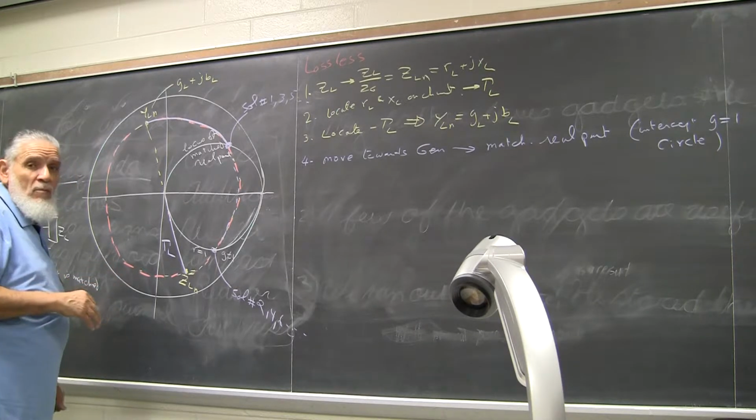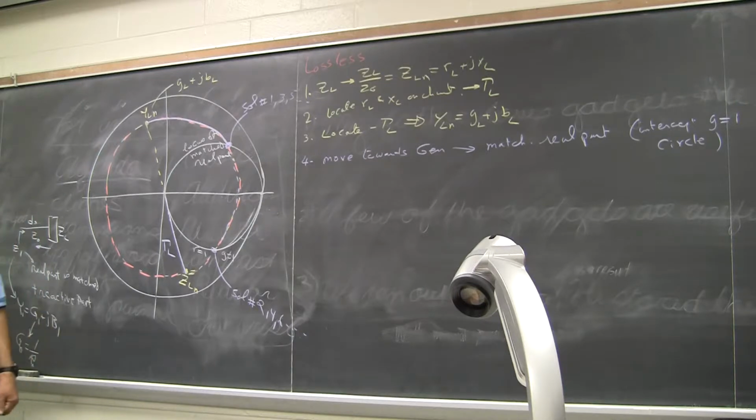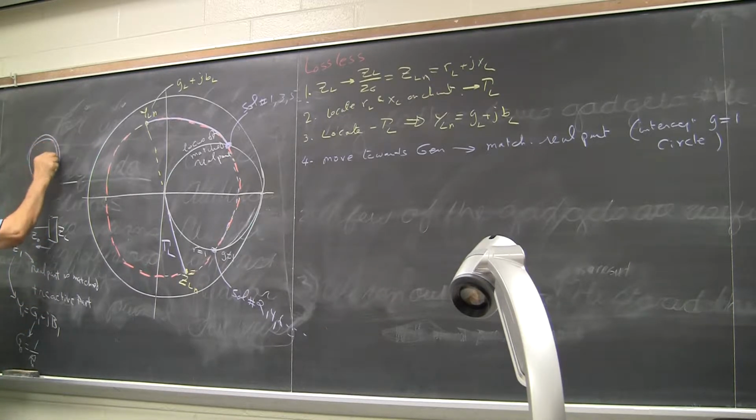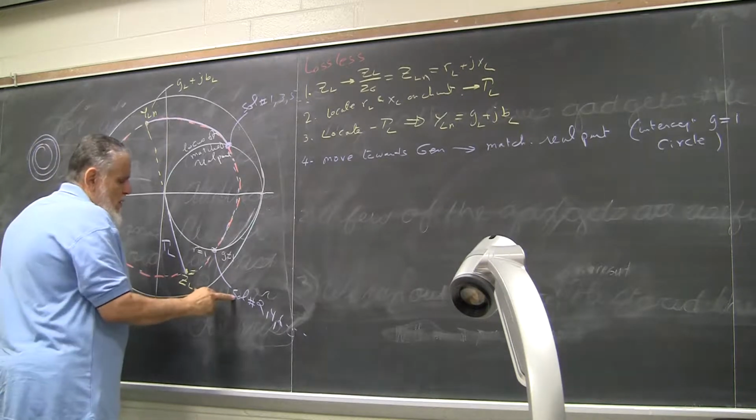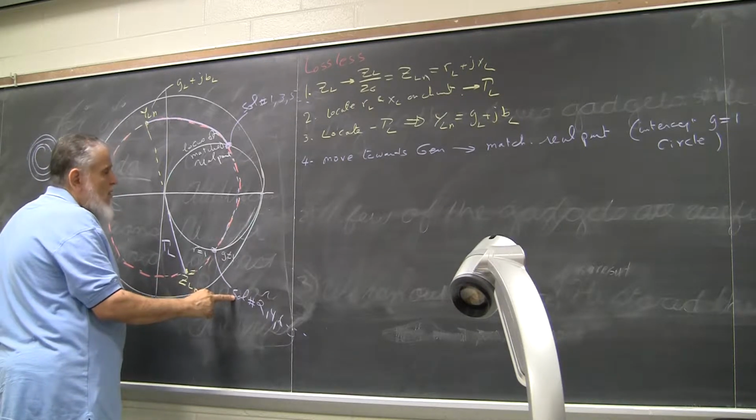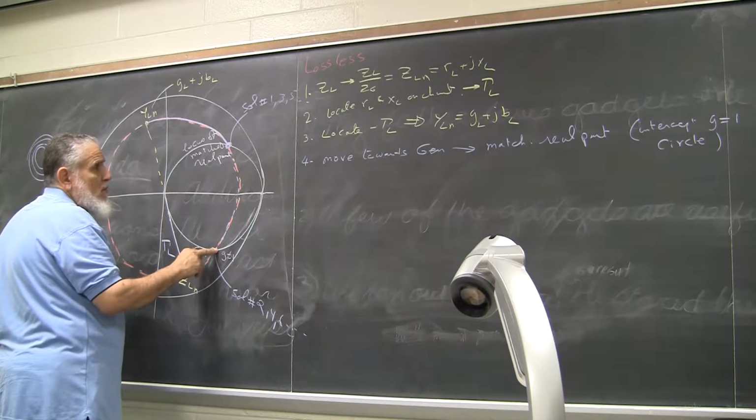You don't want to go too far because, again, if there are losses, you wouldn't be exactly on a circle, right? The spiral may be kind of close, but the further you go, the more errors you add. So you don't want to go too far. So these are the two possible solutions.